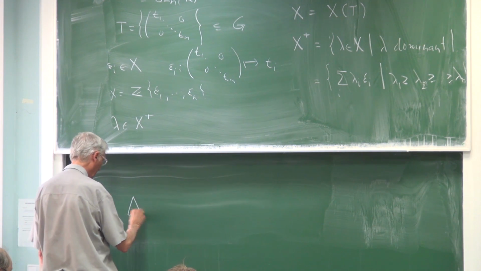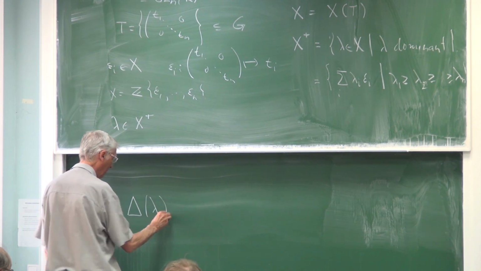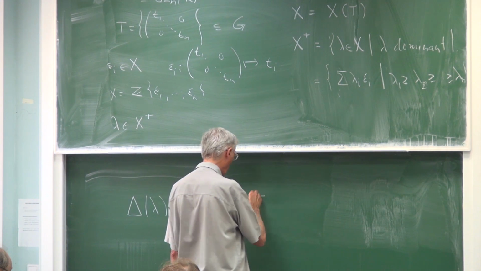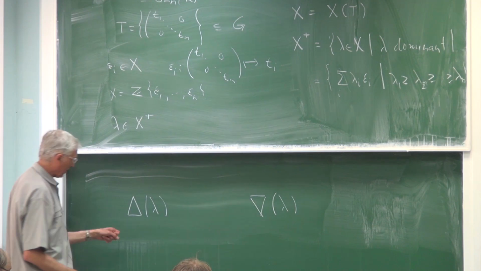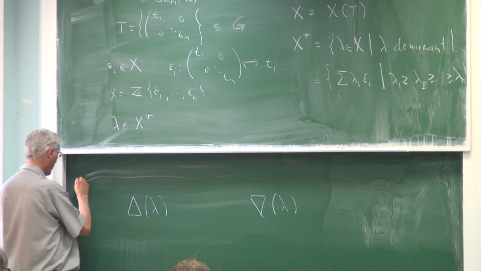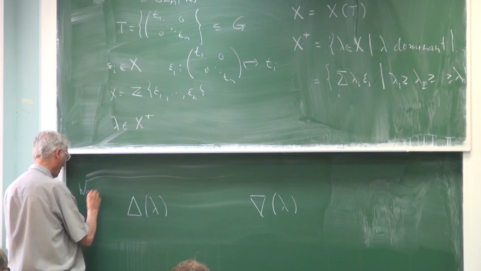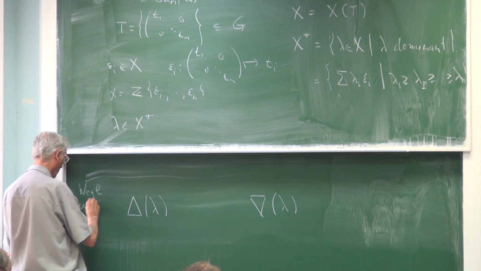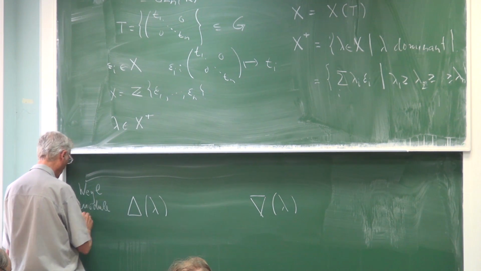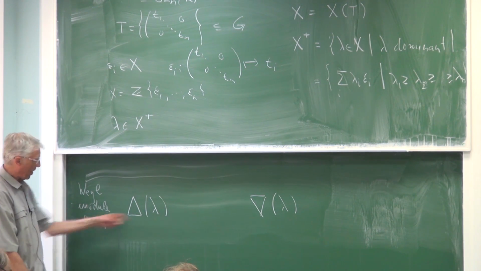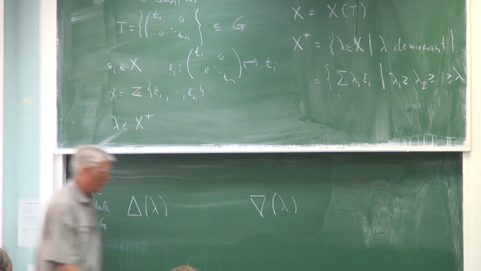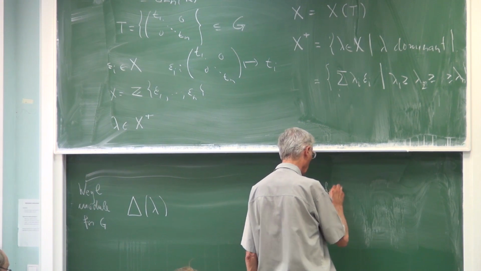One I'll call delta lambda, and another one I'll call nabla lambda. So this delta lambda is what's known as the Weyl module for G, with highest weight lambda, and this one is the dual Weyl module.